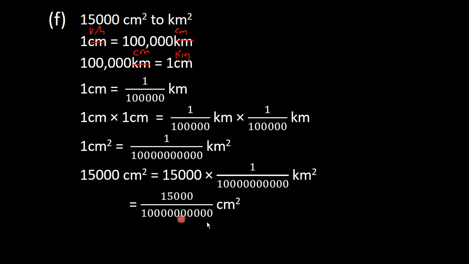If you divide that, we have 0.0000015 kilometers squared. So that's how we convert these square units. That's the same thing you do to any square units I've told you to convert.